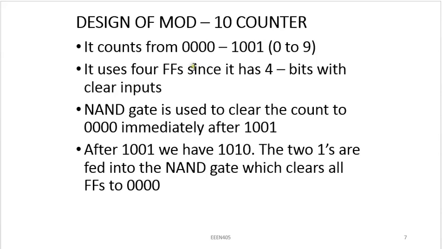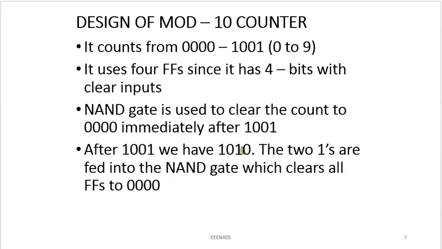And in order to make sure that when it counts from 0, it stops from this without passing, we use a NAND gate. This NAND gate is used for clearing everything to 0 when it passes the maximum required state. For instance, in binary, after having 1, 0, 0, 1, the next thing you should have should be 1, 0, 1, 0, but we don't need it.